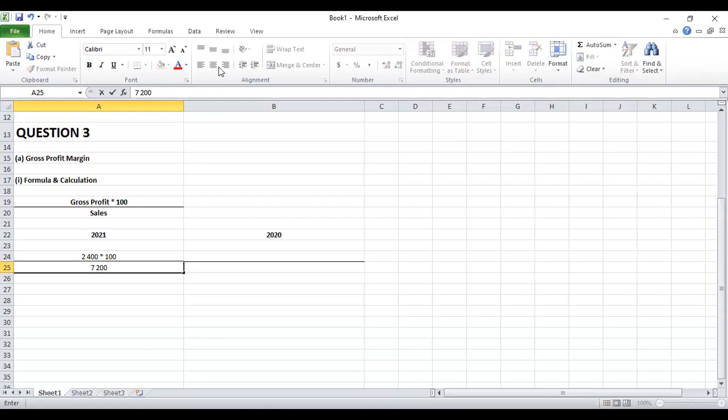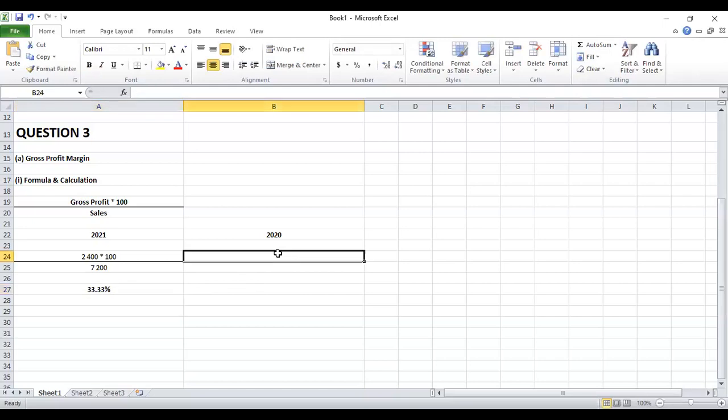What do you get? 33.33%. They normally say you should put it to 2 decimal places.